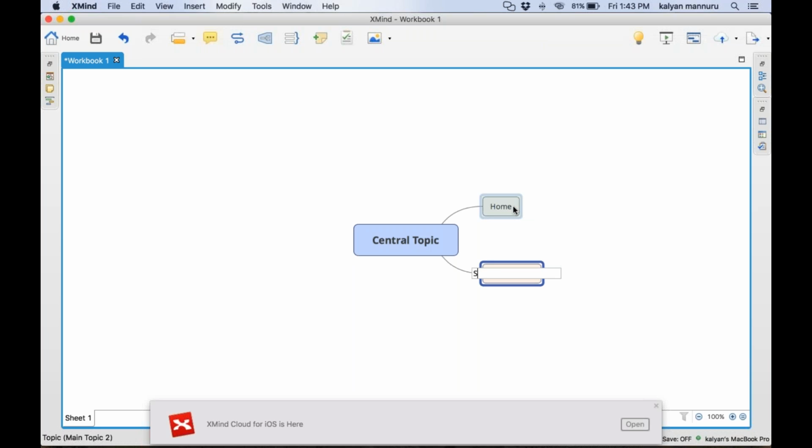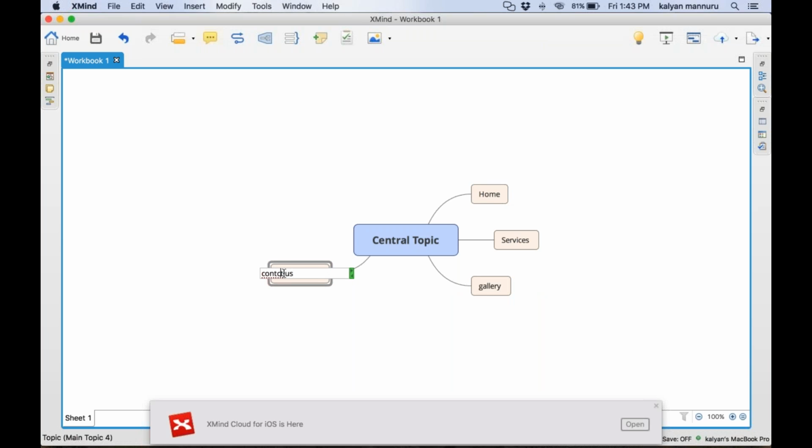The home page, services page, gallery, contact us. I'm just pressing enter for new nodes, each node. Contact us page, correct? About us page. These are the pages regularly that you see on websites.